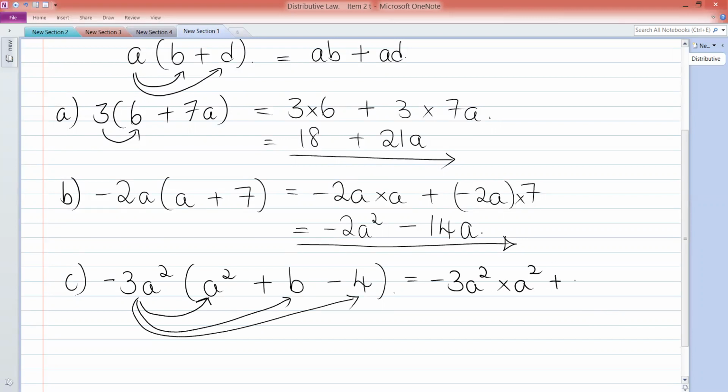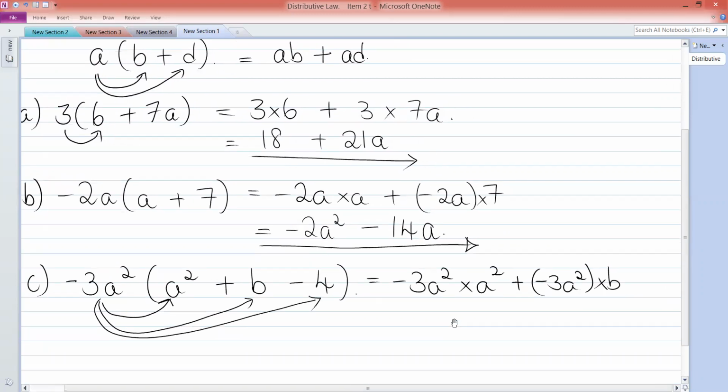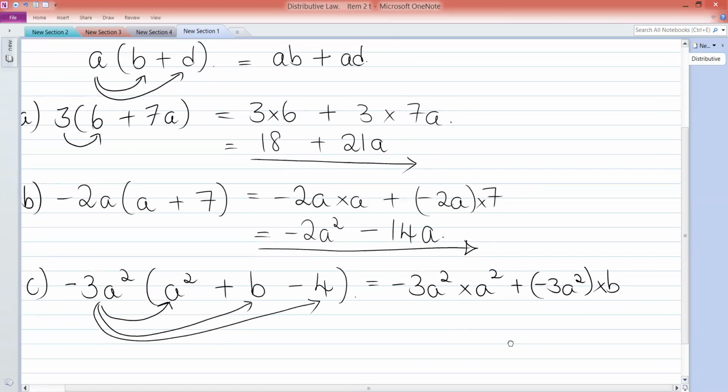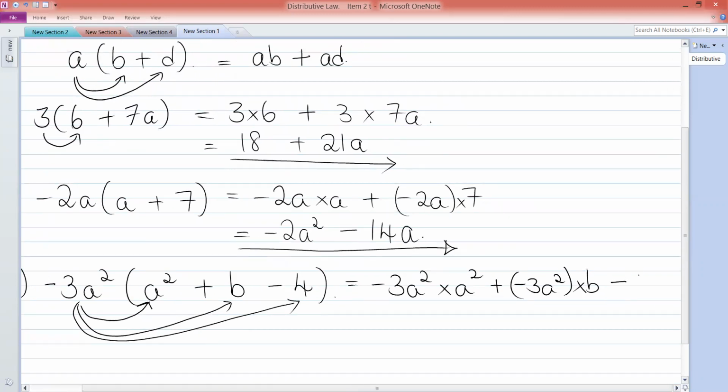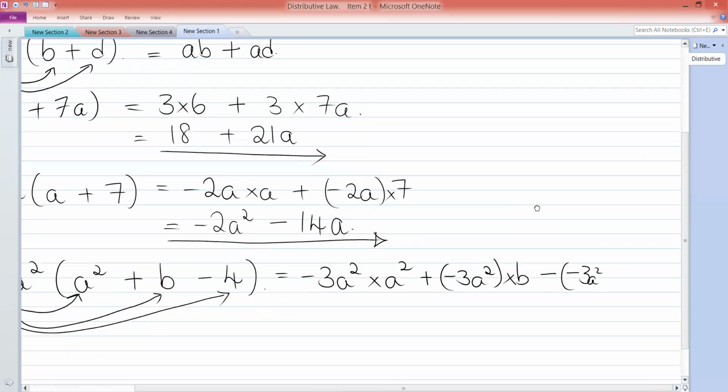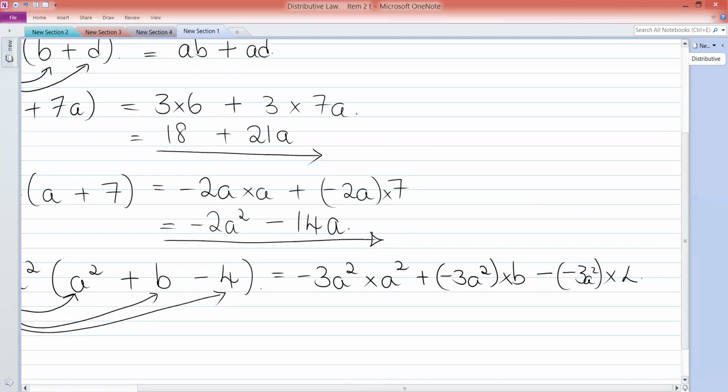Then plus your negative 3A squared multiplied by the B. And the last term, negative 3A squared times negative 4. Okay, so here this becomes negative 3A to the power of what? What's it going to be to the power of here? 4.